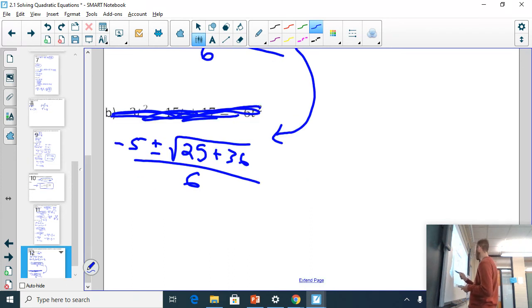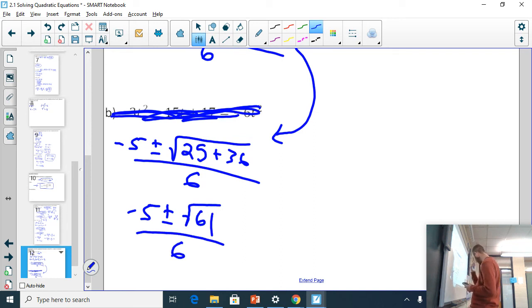And so then we have negative 5 plus or minus the square root of 61 all over 6. And now 61 is one of those things where I don't think anything really nice goes into it. Yeah, nope. So 61 is just as it is.